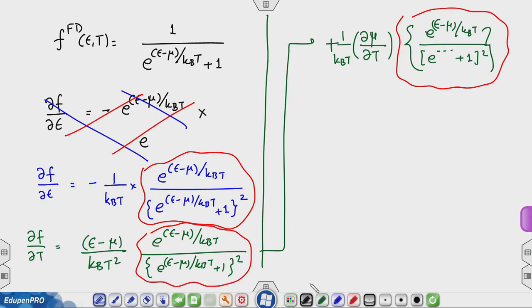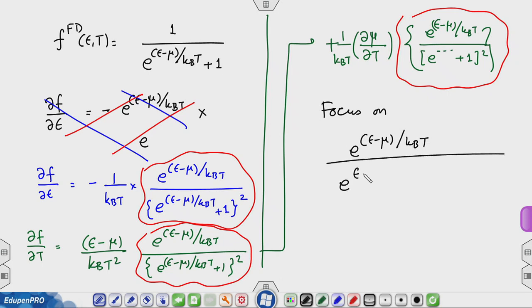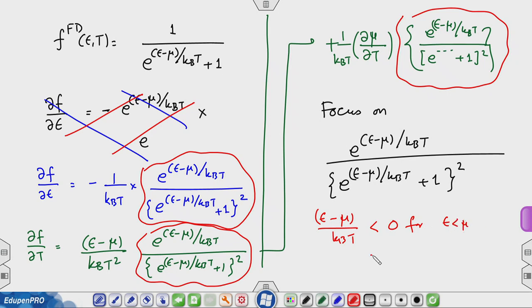So focus on e raised to epsilon minus mu over kBT divided by e raised to epsilon minus mu over kBT plus 1 whole square. Notice that epsilon minus mu over kBT is less than 0 for epsilon less than mu and is greater than 0 for epsilon greater than mu.